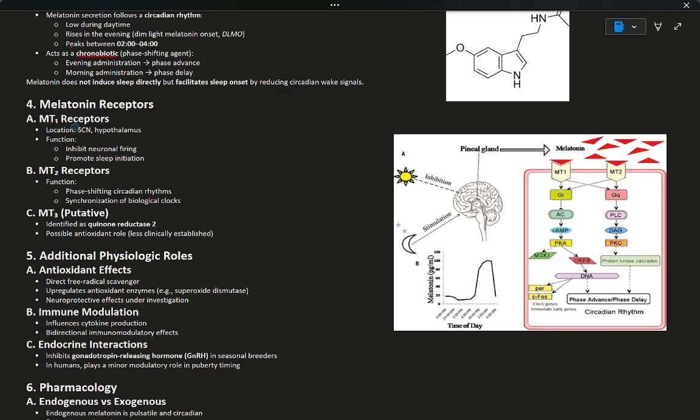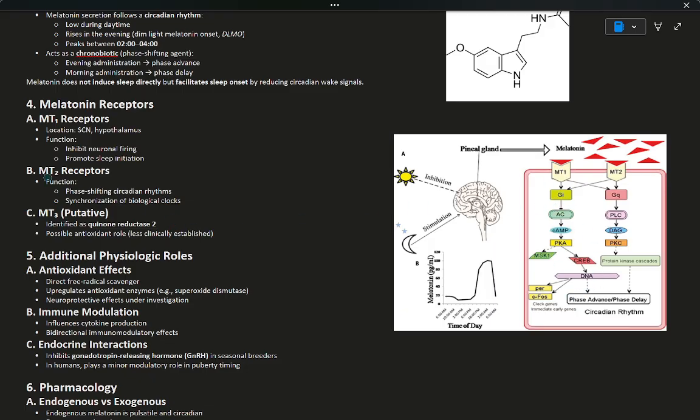You have the MT1 receptor, which is located in the suprachiasmatic nucleus of the hypothalamus. Its function is to inhibit neuronal firing and promote sleep initiation instead. And this is kind of shown over here.